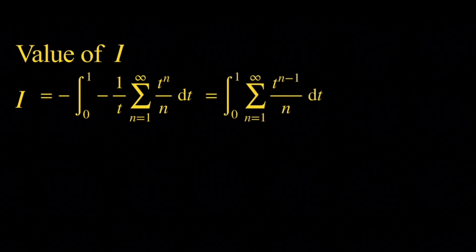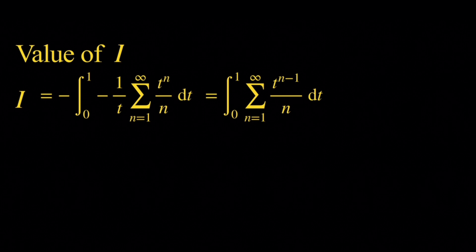Now we can divide t to the n by t, and we can also multiply the two minuses. So minus by minus is just plus. So we get that I is equal to integral from 0 to 1 of the sum as n goes from 1 to infinity of t to the n minus 1 over n dt.